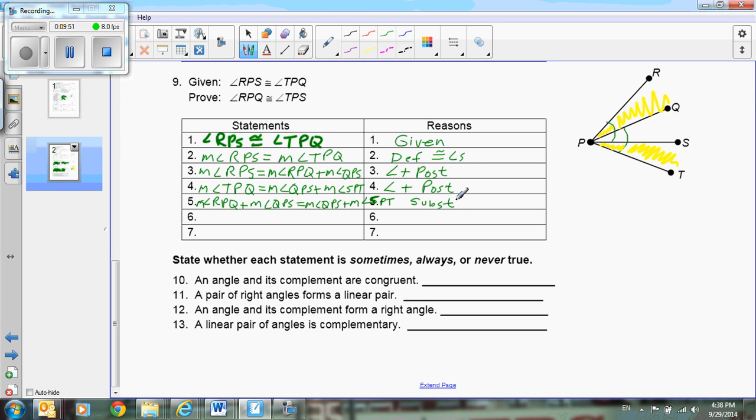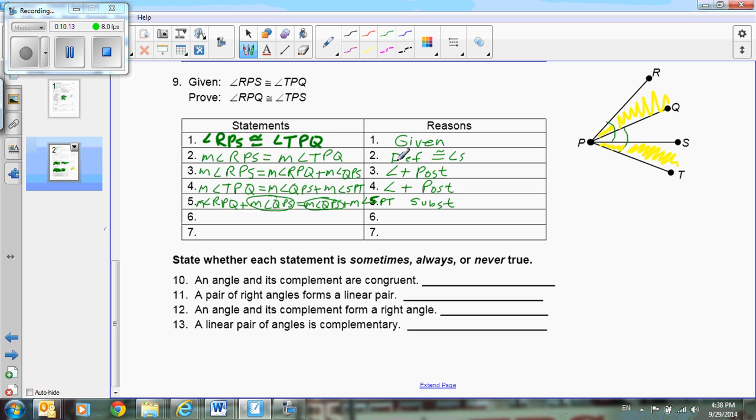Okay, now look at the picture. Do you see how the two angles that we marked congruent to begin with have this overlapping white angle, angle QPS? And look over here in this great big long statement. Do you see how I have a measure of QPS on the left side of the equal sign and a measure of angle QPS on the right side of the equal sign?